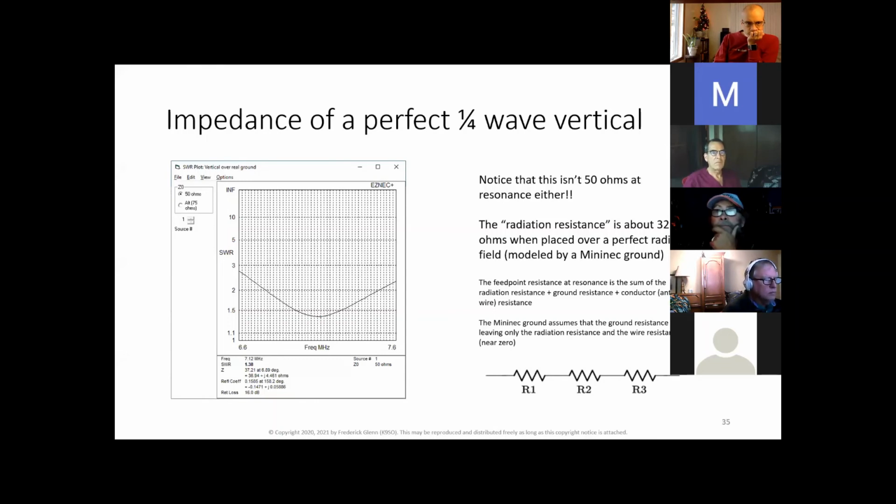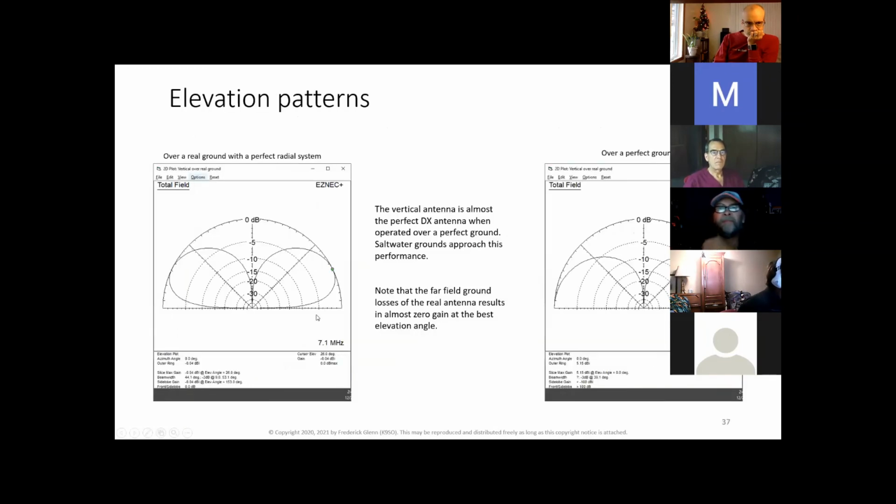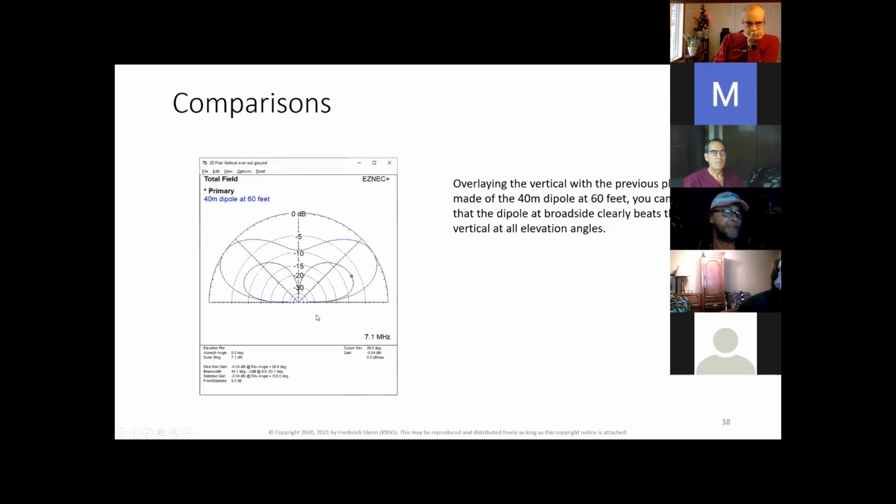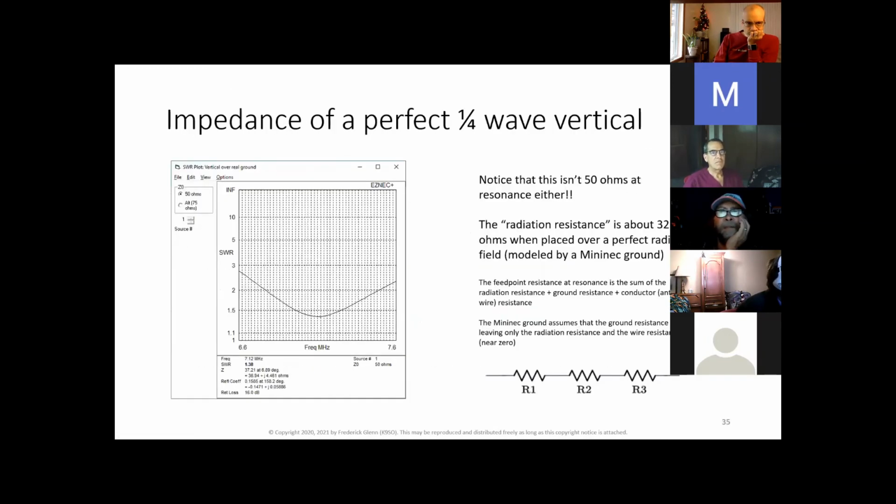You're not keeping the earthworms warm, as they say. So notice that this isn't 50 ohms either. Now all of a sudden we're down here at 37 ohms, and actually the radiation resistance at this point, theoretically, over a perfect radial system or a mini-NEC ground, is 32 ohms.